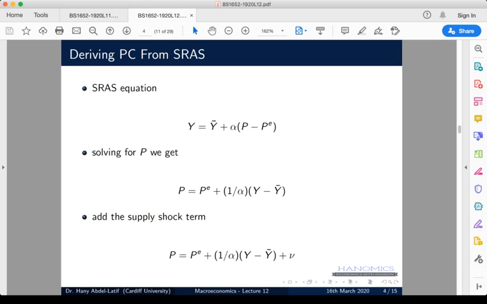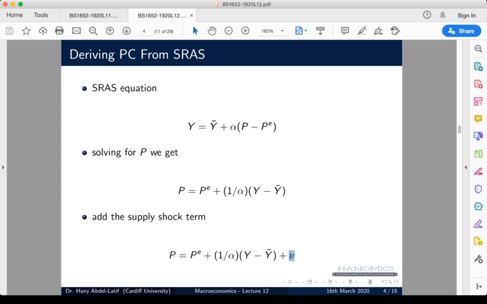There must be some supply shocks that can push prices up, if it is an adverse or negative supply shock, not a favorable one. As we explained before, when we defined a supply shock, it refers to unexpected events that push the prices or the costs of production up, which raises prices as well.